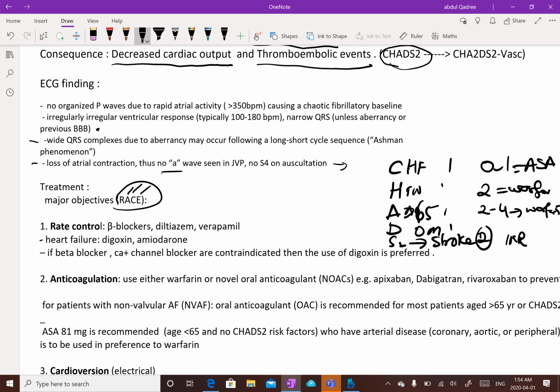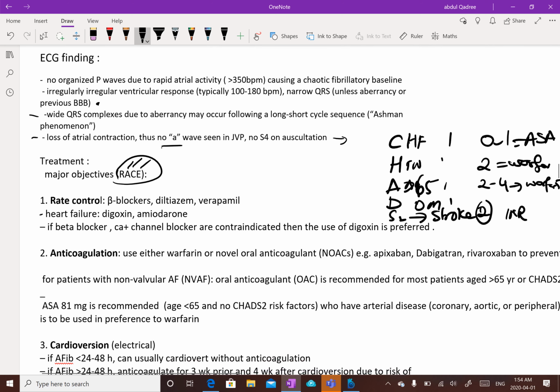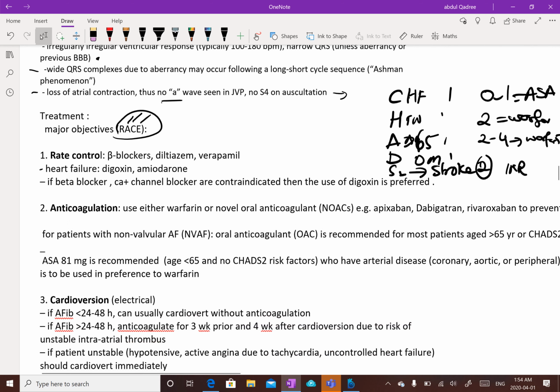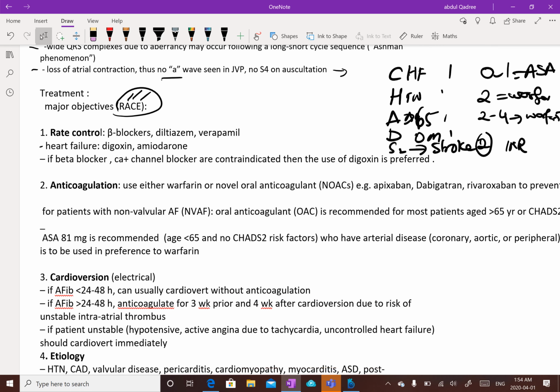All right, so let's say we have treated the patient with anticoagulation, but what are you going to do if a patient comes back to you, for example, presenting with chest pain, like the atrial fibrillation, and they are hemodynamically unstable?